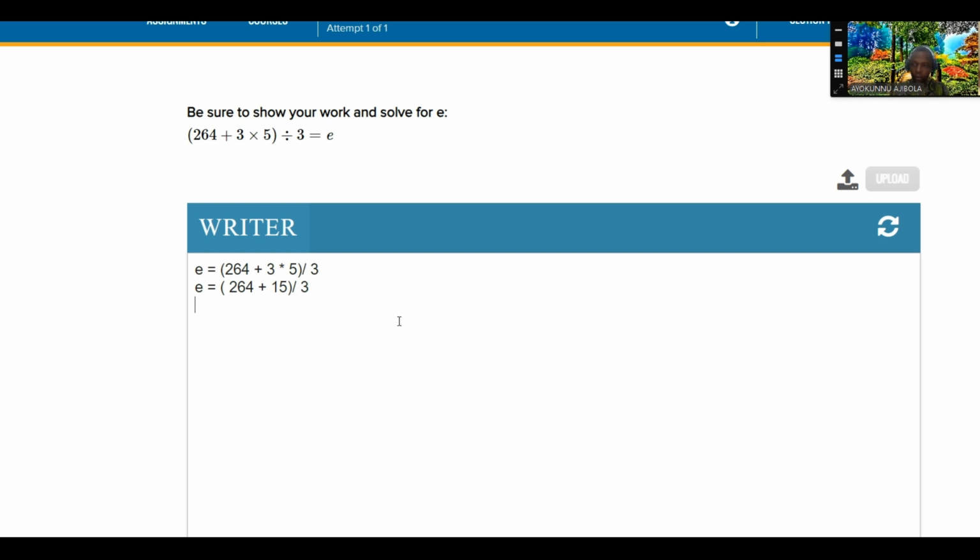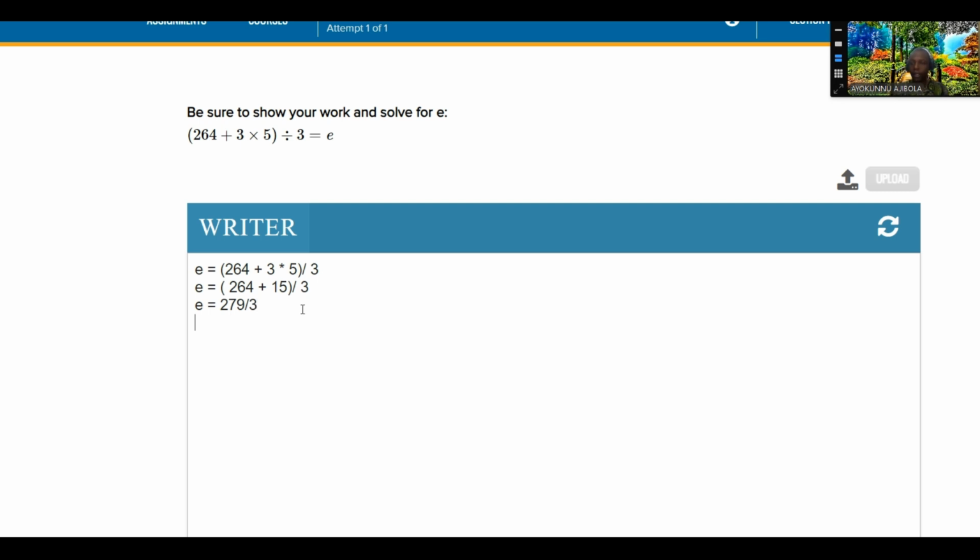And again, we can continue and say E equal to, what is 264 plus 15? Miggy, what is 264 plus 15? That should be 279, okay? 279 now divided by 3.